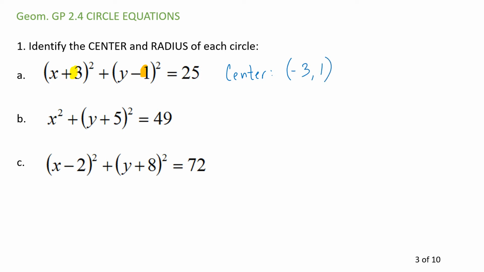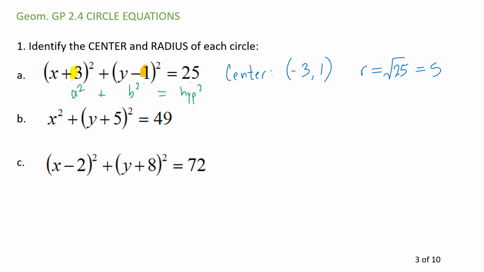Now the radius: this is a squared plus b squared equals radius squared, so you must take the square root of this. You will never see the actual radius in the equation. It will always be the square, because it is something squared plus something squared equals something squared. So this circle is centered at -3, +1, and has a radius of square root of 25.